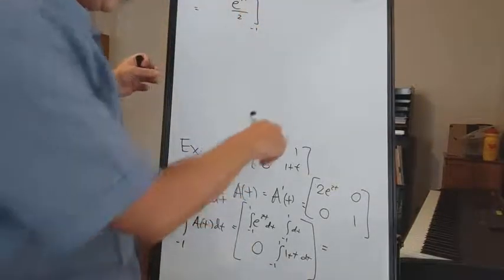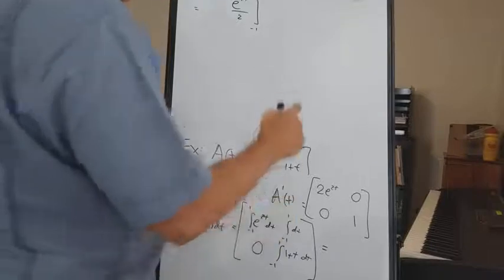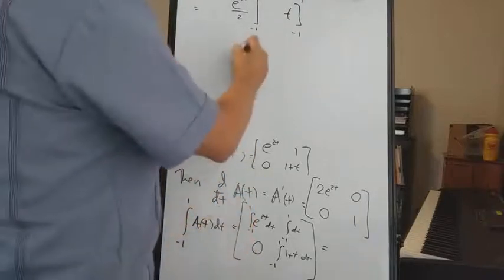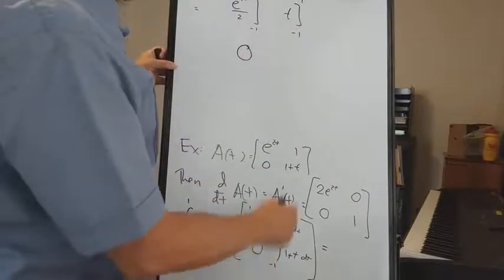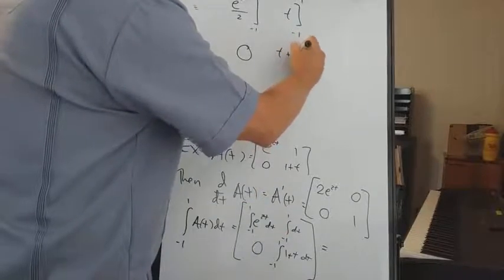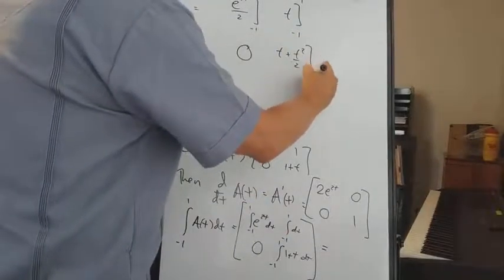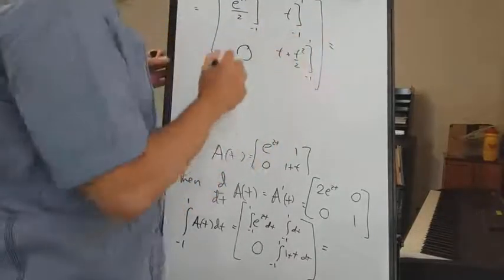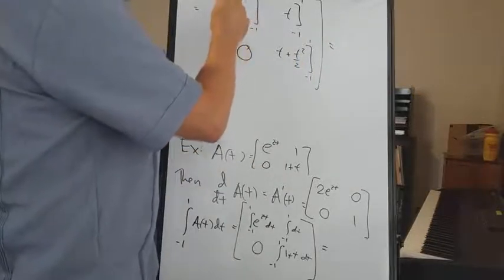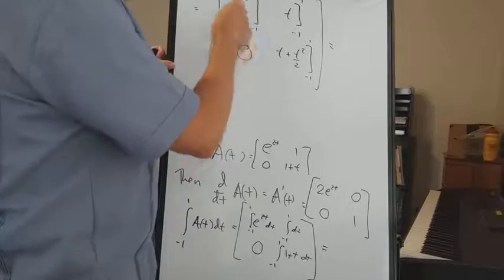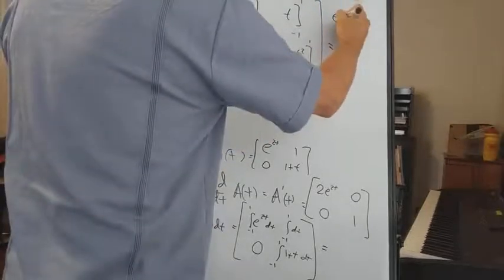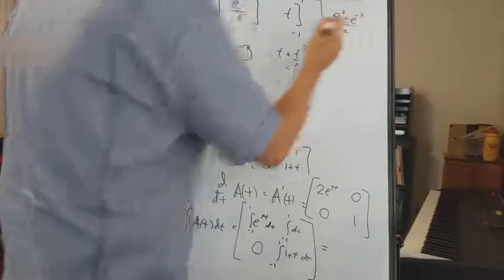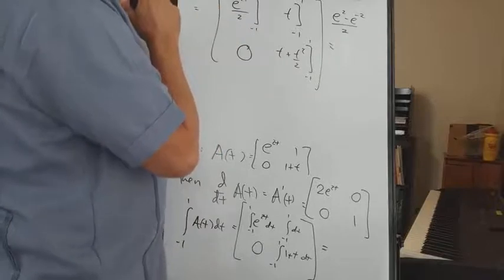And then the integral of dt is going to be t, evaluated from negative 1 to 1, and 0, and we've got t plus t squared over 2, evaluated from negative 1 to 1. So this will be e squared over 2 minus e to the negative 2 over 2. So e squared minus e to the negative 2, all over 2.